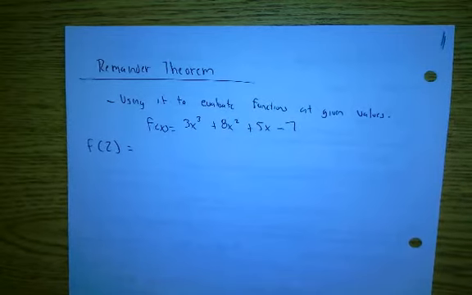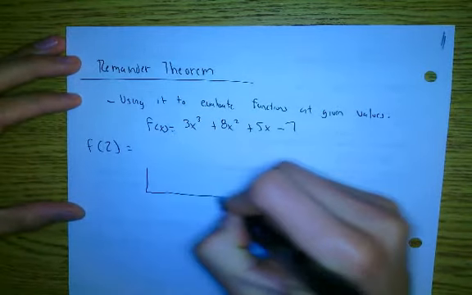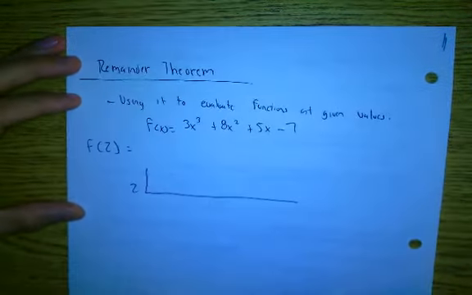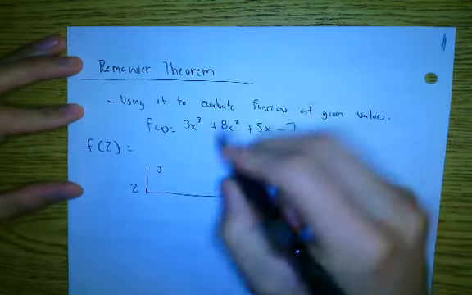Some division. Okay? So, you're going to use division, you're going to use synthetic division. You're going to divide by 2. Right? That's going to be your divisor. And on the inside, you're going to have 3, 8, 5, negative 7. Right? So, 3rd power, 2nd power, 1st power.